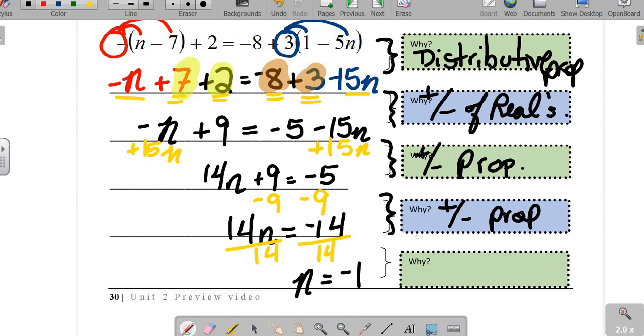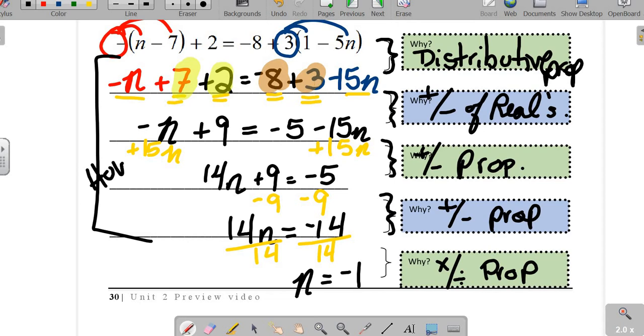Last but not least, we divided by 14, so that's the multiplication-division property. So all of these steps answer the question, how did you get the answer? This last step is, what is the answer? On the right, we address the why is this mathematically reasonable? How, what, why?